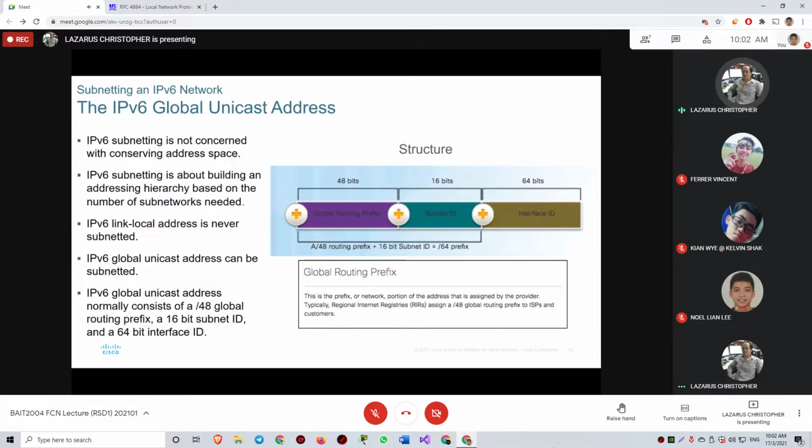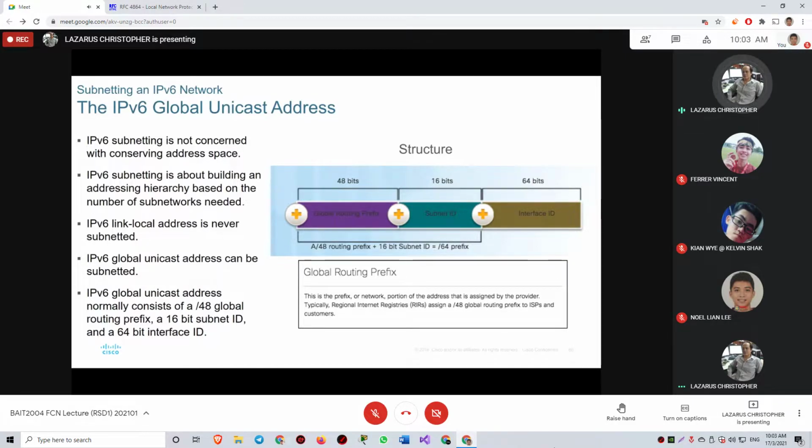So we want to create multiple subnets, each serving a different purpose. That's why it's about building an addressing hierarchy based on the number of subnetworks the organization needs.